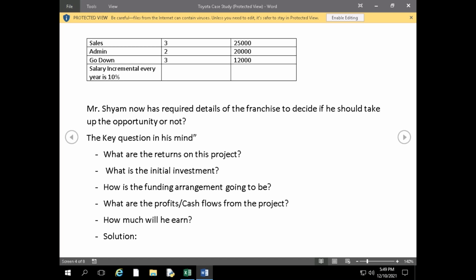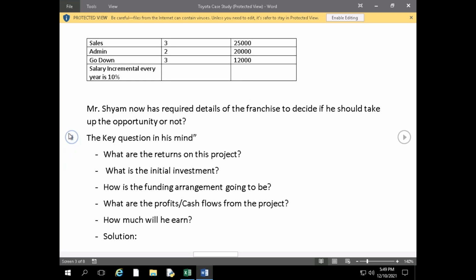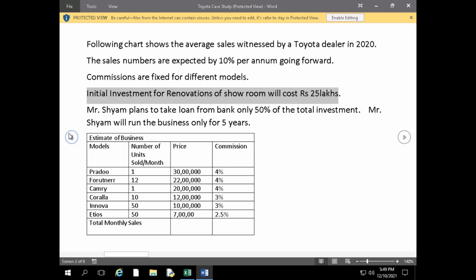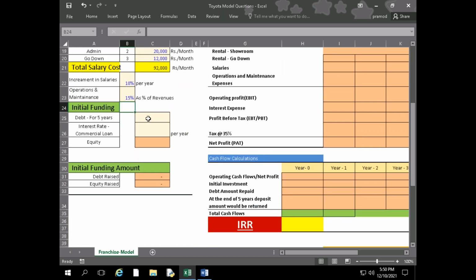Have they given it? In the requirements, sir: operation and maintenance will increase every year by 15% of revenue. Okay, so it is 15%. See, now we are understanding the concept.